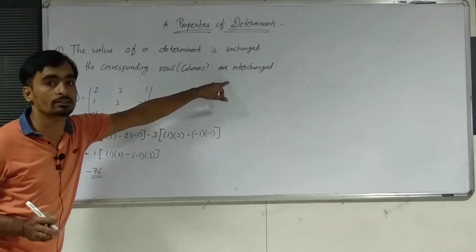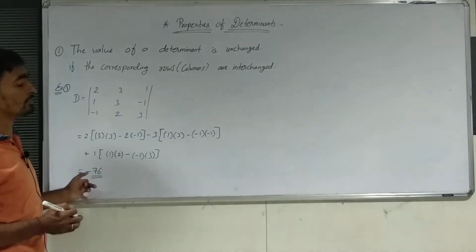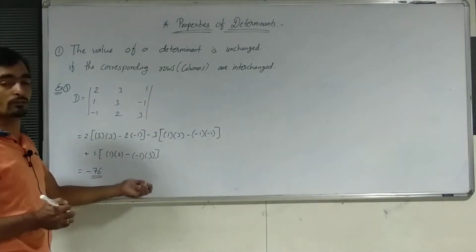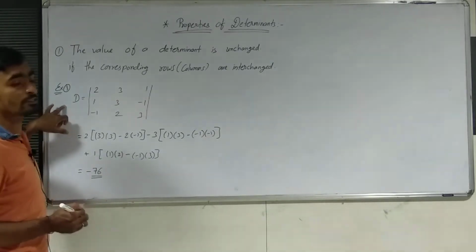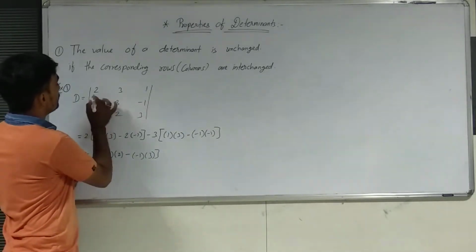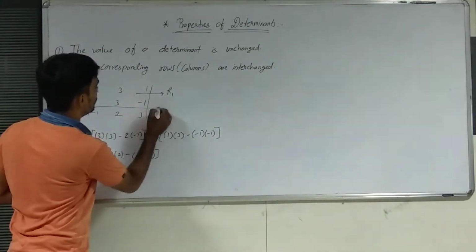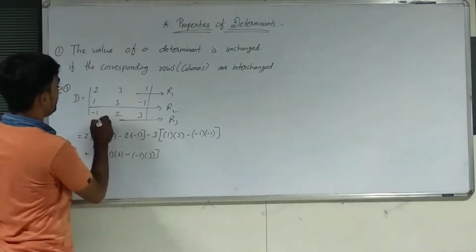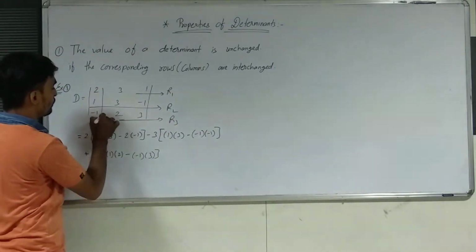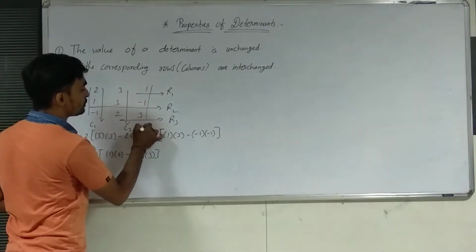We found this determinant by the simple method in previous lectures. In the same example, what does it mean to interchange rows and columns? These are rows: row 1, row 2, row 3. Similarly, this is column 1, column 2 and column 3.